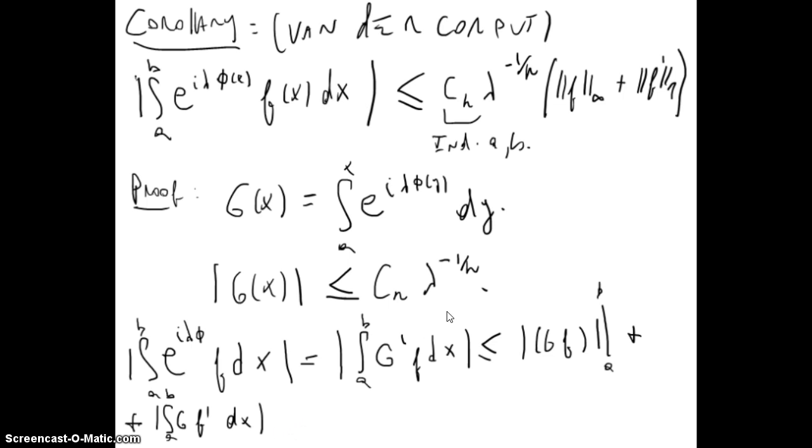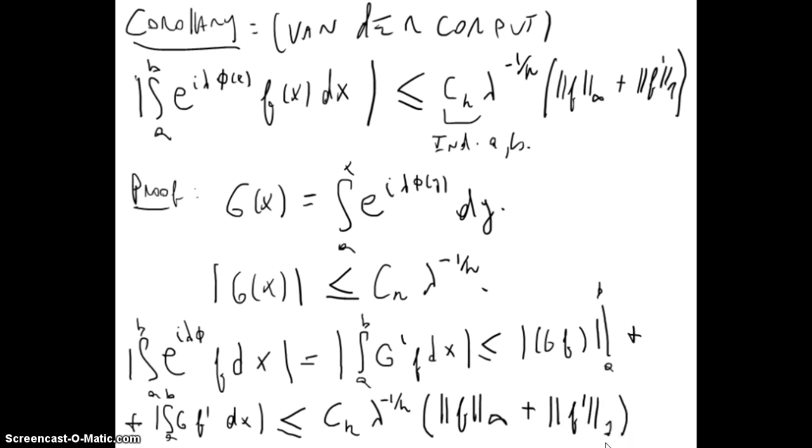So we just integrate by parts, and now we can use that g(x) is less than or equal to c_k lambda^(-1/k), and so we will have this bound for this g and this other g. So we can put here lambda^(-1/k), and then we will bound this f with the norm infinity, and this one with the norm 1, and we obtain the result.